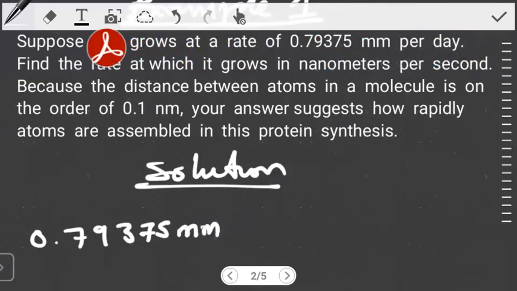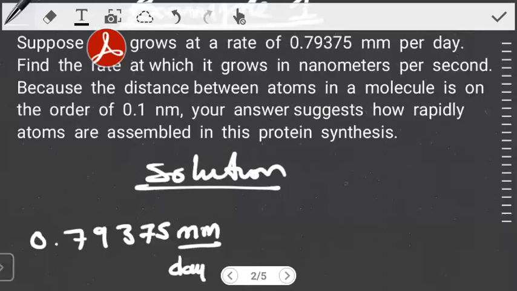That's millimeter per day. So I'm going to write them like this. Now, I want to move from millimeter per day, then I want to go to, so where's that? Find the rate at which it grows in nanometers per second. So I want to convert from millimeters per day to nanometers per second.